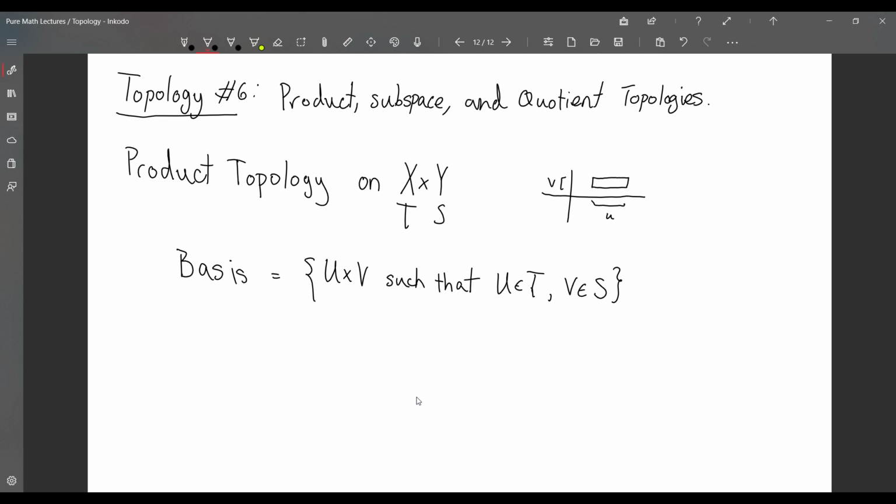This is a basis element, and you could have another basis element. The union of these two basis elements is an open set, but it's not expressible in the form U times V, right? It doesn't take a box shape, but it's still an open set. So it's important to keep in mind the distinction that these sets U times V are basis elements, but not necessarily all of the open sets. You're going to have more general open sets.